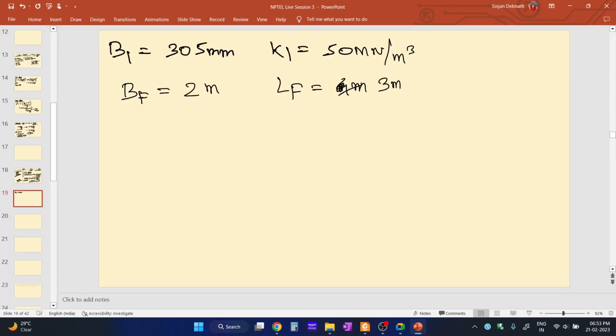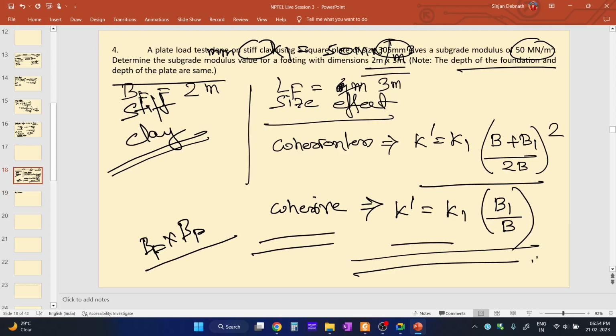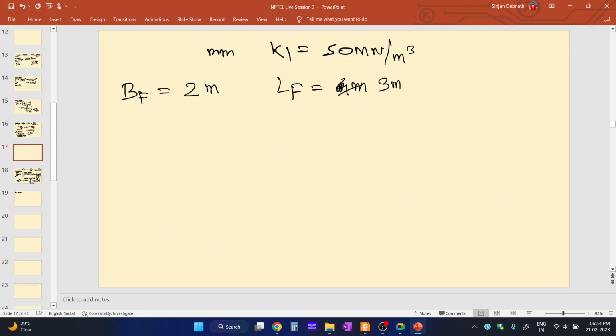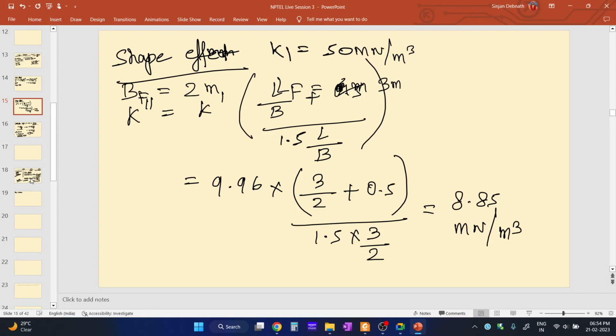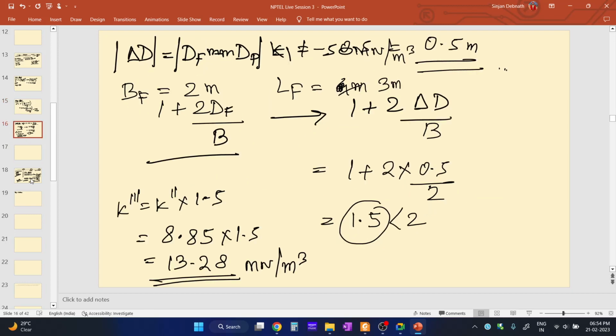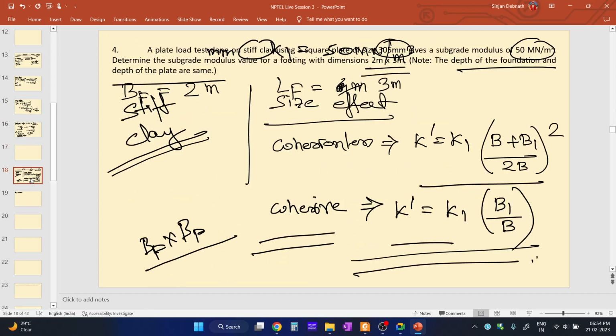So now let's solve this problem. First let us incorporate the size effect. Give me a minute please.